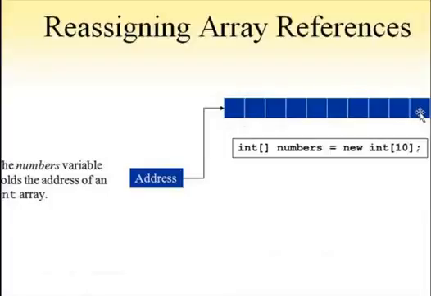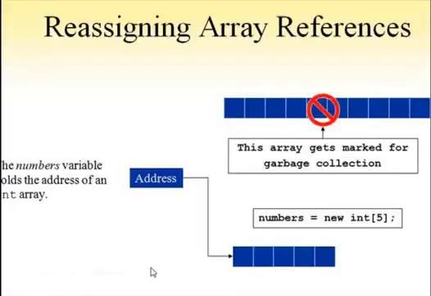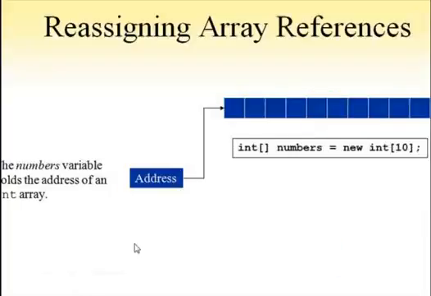If you don't need the whole 10 anymore, you can reinitialize the array and release the other 5. The way to reinitialize it is I'm going to say number is equal to new int 5, no longer number equal to new int 10.